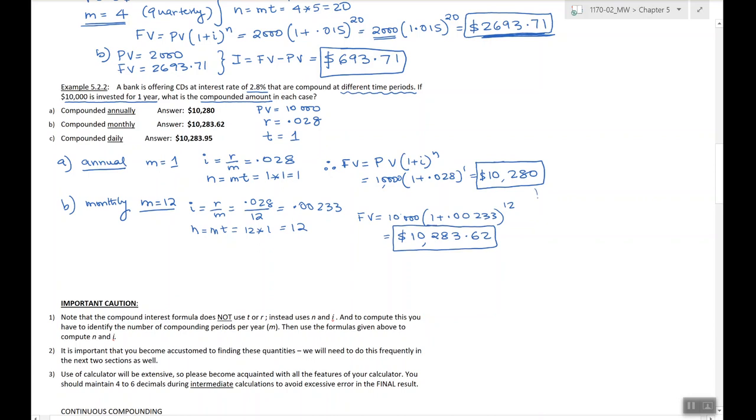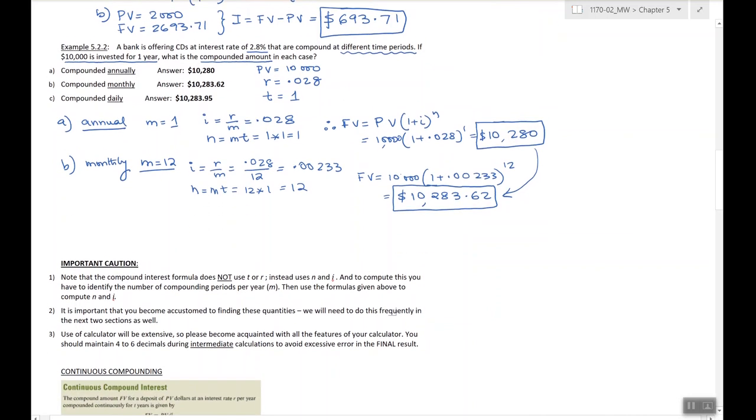So you would notice that it's more than the previous part because the compounding is now done monthly. So the more number of times the money gets compounded, the more is the future value.